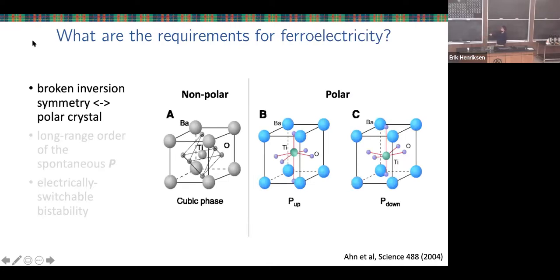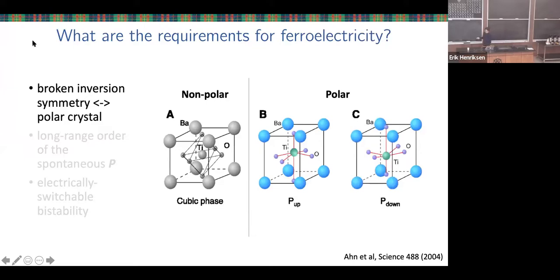Okay, so this is a perovskite, which is where ferroelectricity usually lives in insulators. And here you can see, for example, in the polar crystal, there's broken inversion symmetry because the central titanium atom here is a little bit out of plane above and a little bit out of plane below. Okay, and so a lot of ferroelectrics are in these perovskite materials.